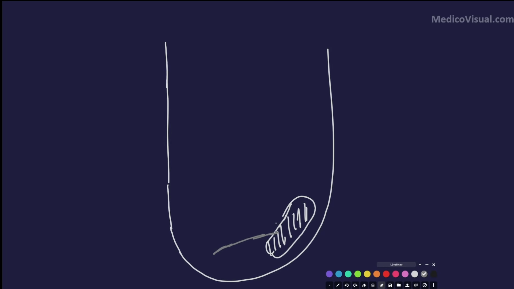So the entry of the ureter, and of course the blood vessels also, will be from the ventral side. So this ventral side of the kidney is basically the hilum. Actually it should not be the ventral side of the kidney that is the hilum. The hilum should be at the medial side.